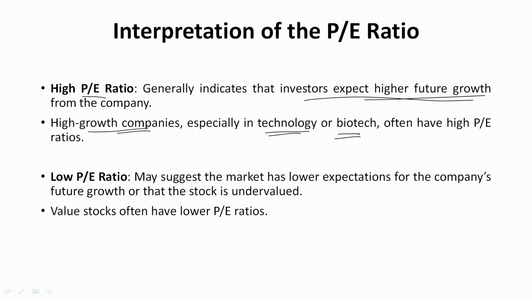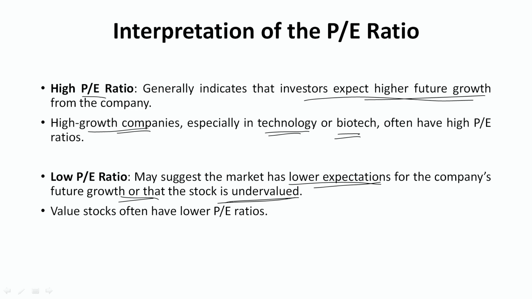A low PE ratio is because of a lower expectation by the investors because of the earnings which the company has generated, or it could be an undervaluation of the stock as such. So there could be two reasons. One, the expectation could be lower. The second, the undervaluation of the stock.